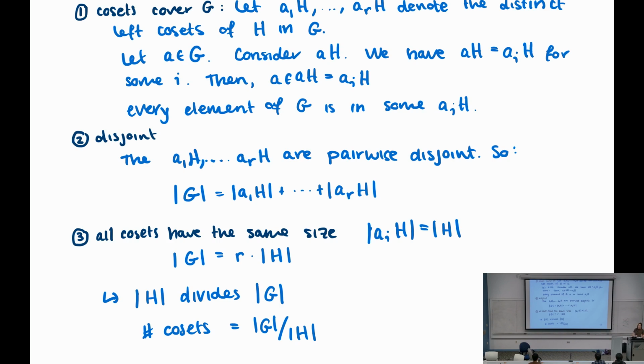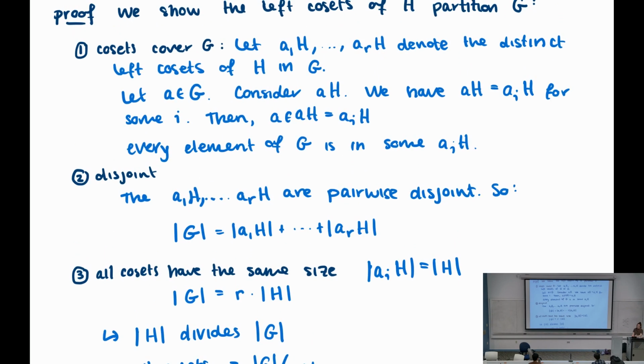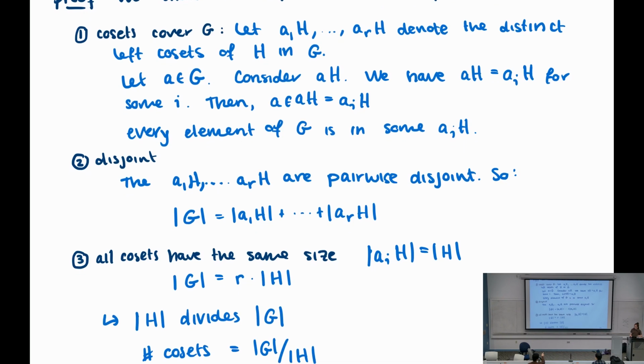Are there any questions? Yeah. The lemma said that any two cosets, like AH and BH, are either equal or disjoint. Why are you only assuming that they're all disjoint here? Why don't you assume that they are simultaneously equal? Because we set this up just asking for a list of the distinct cosets. Why do we know the size of A sub I H is the size of H?